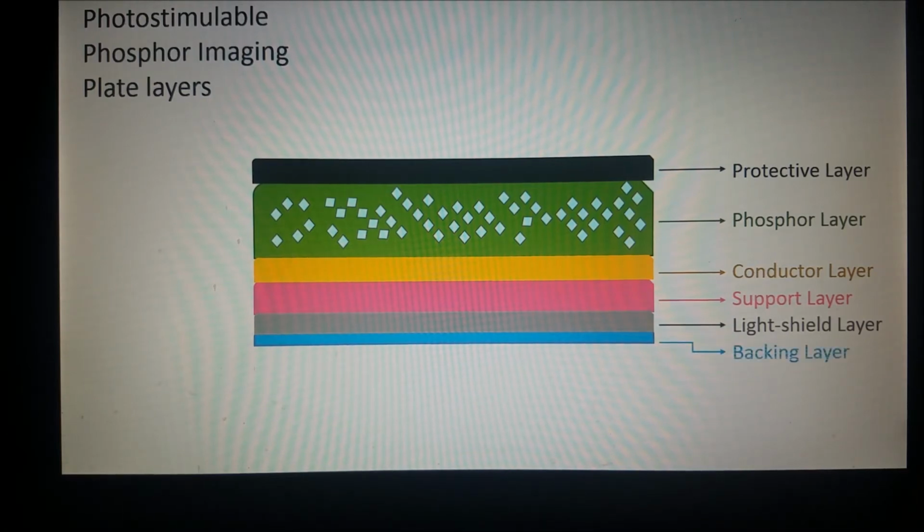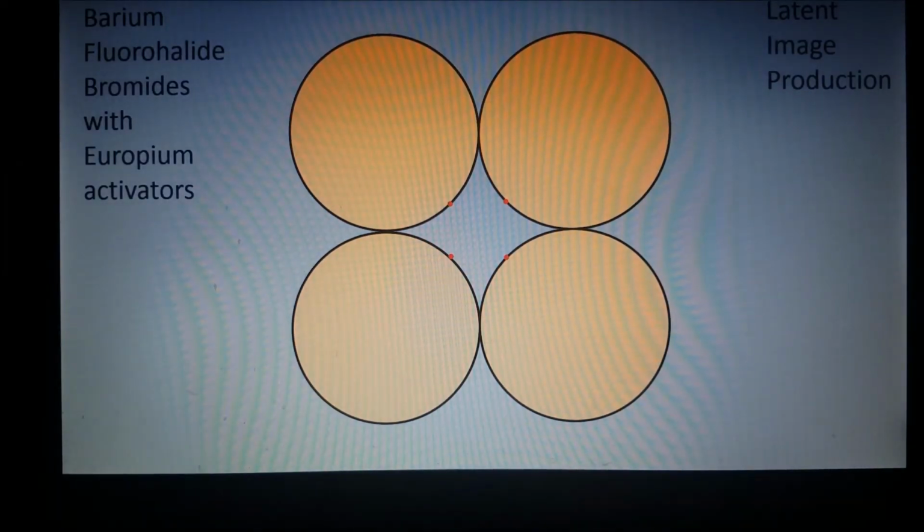Barium fluorohalide bromides with europium activators. These 4 circles represent europium, and the 4 red dots represent electrons of the europium.